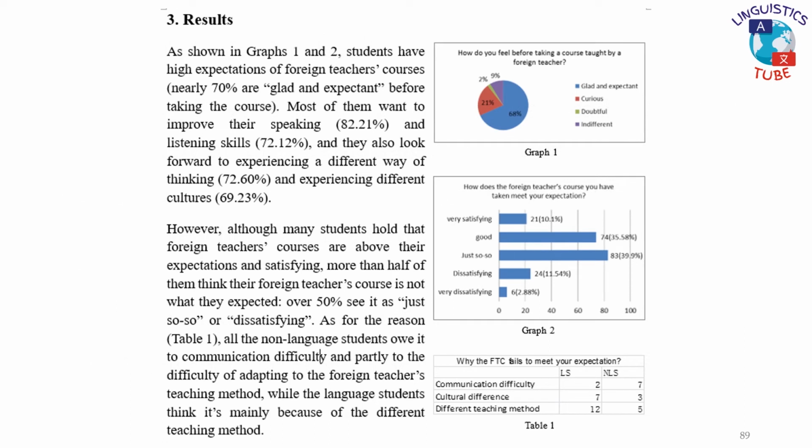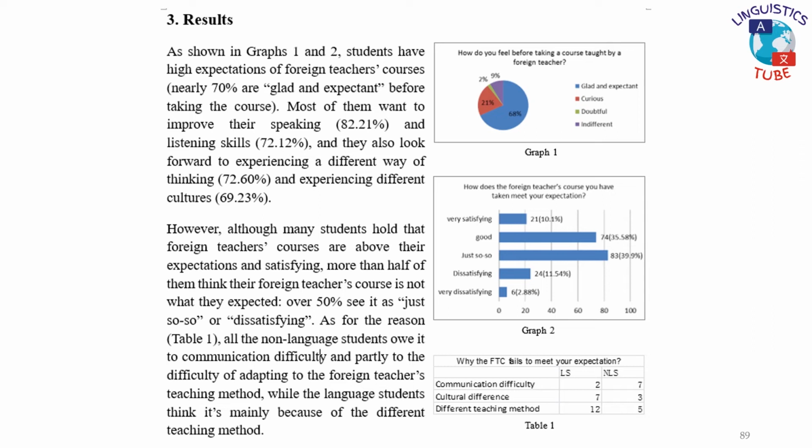Section 3. Results. As shown in graphs 1 and 2, students have high expectations of foreign teachers' courses. Nearly 70% are glad and expectant before taking the course. Most of them want to improve their speaking, 82.21%, and listening skills, 72.12%, and they also look forward to experiencing a different way of thinking, 72.60%, and experiencing different cultures, 69.23%.